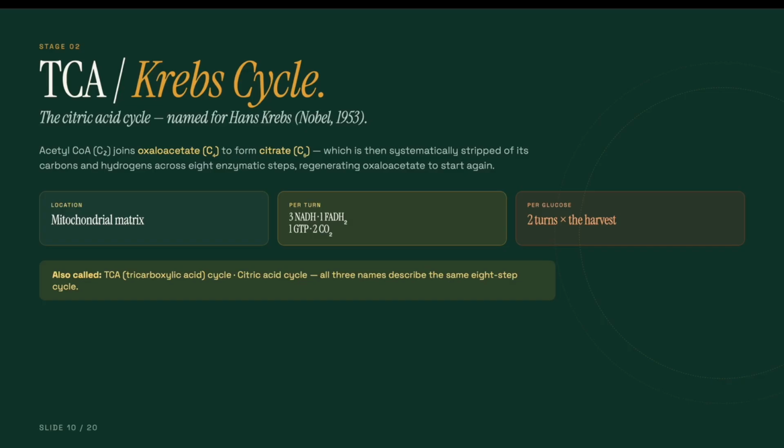Since each glucose gives 2 acetyl CoA, the cycle turns twice. So, per glucose: 6 NADH, 2 FADH2, 2 GTP and 4 CO2. Those CO2 molecules, that is what you exhale.